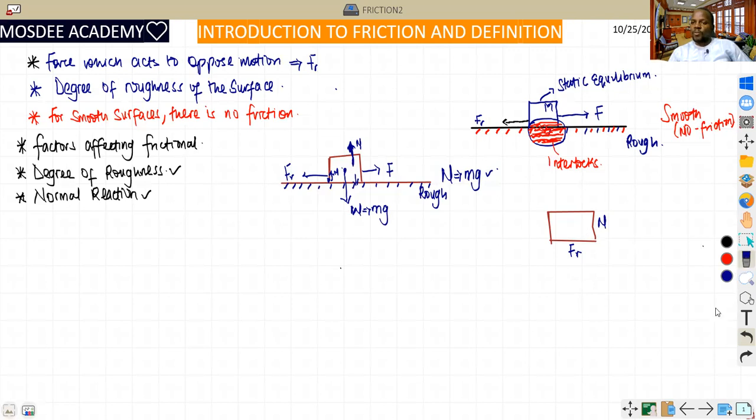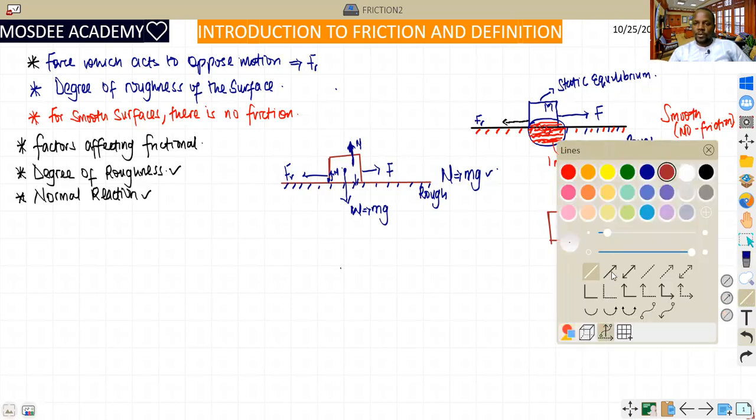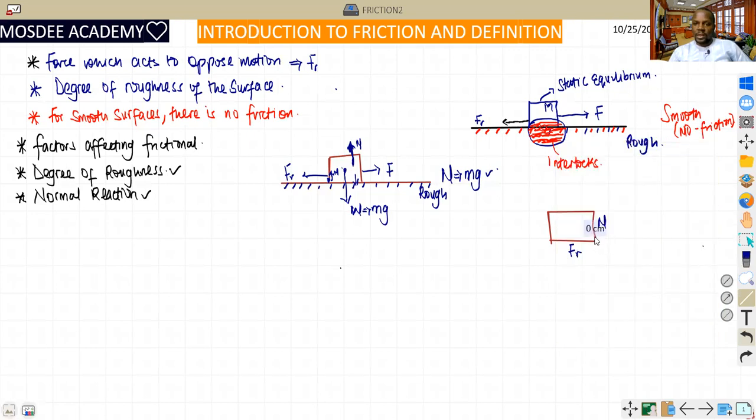So the overall force that acts between these two is called the net contact force. There is always going to be a force that acts in between the two, between the normal reaction and the frictional force, which are the vertical force and the horizontal reaction force.